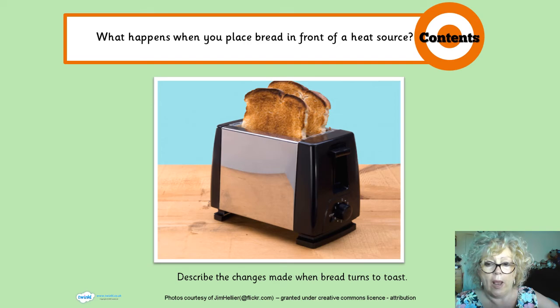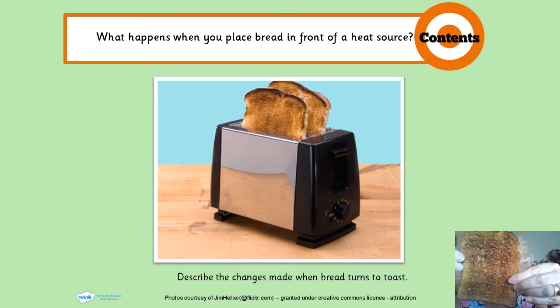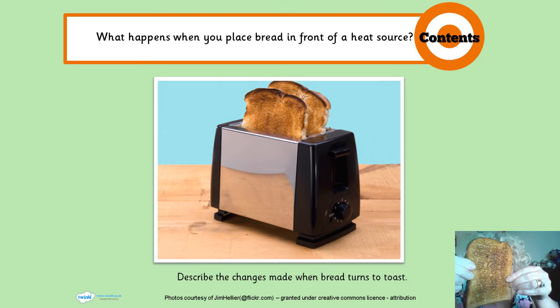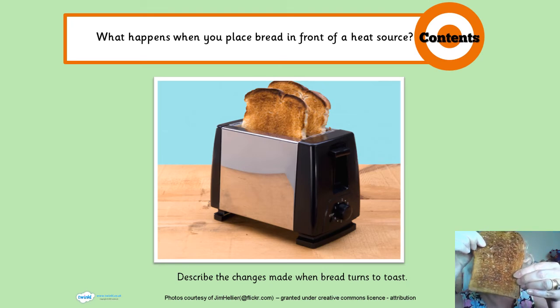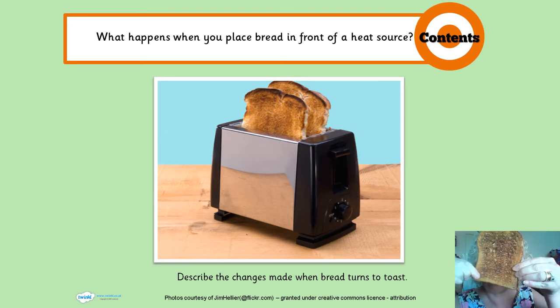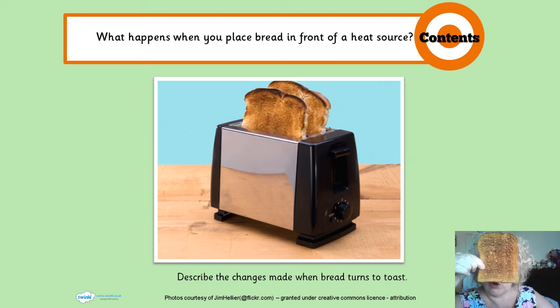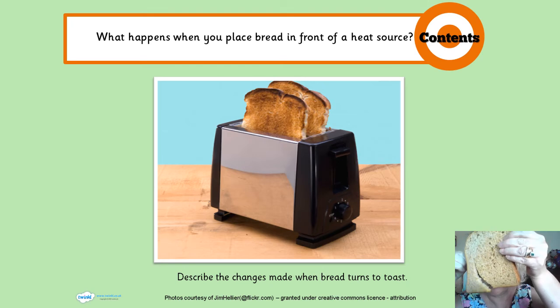Okay. When I put it in the toaster, it comes out like this. What do you notice first? Notice the colour. It's quite dark, isn't it? It's quite dark, it's quite hard, it sounds crispy, and it's quite tough to break. So if I put this slice of bread back into the toaster, would it go back to this?